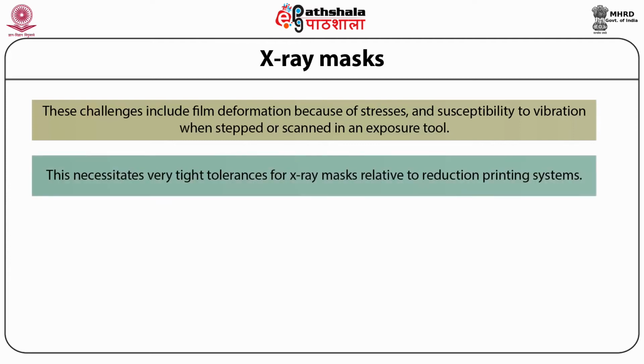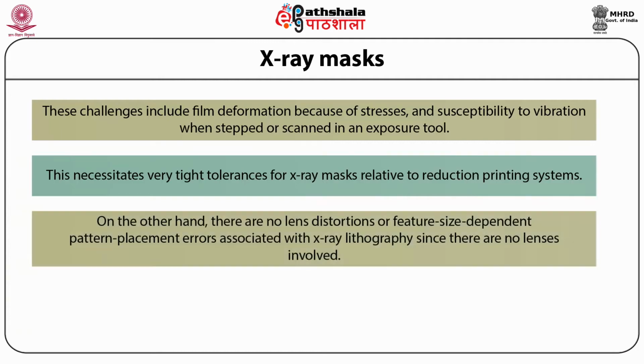This necessitates very tight tolerances for X-ray masks relative to reduction printing systems. On the other hand, there are no lens distortions or feature size dependent pattern placement errors associated with X-ray lithography since there are no lenses involved.